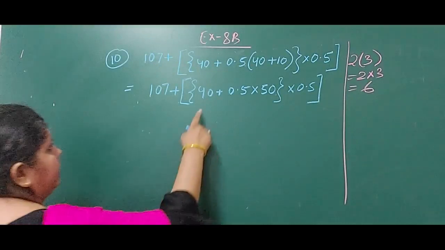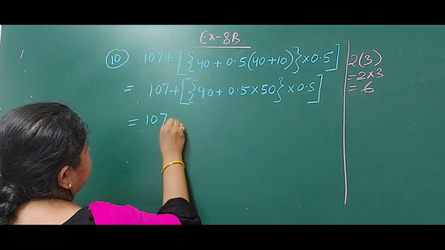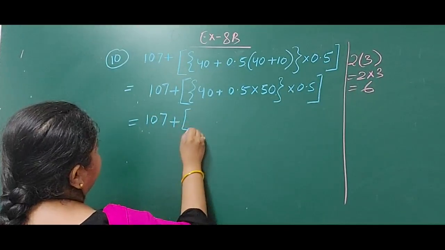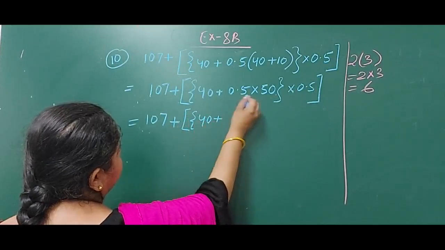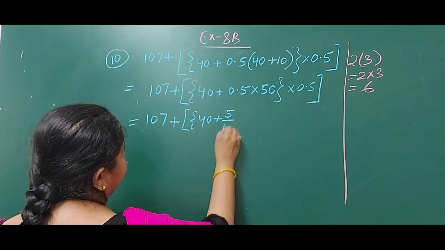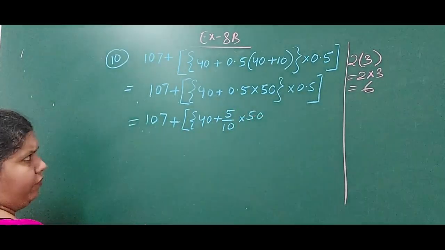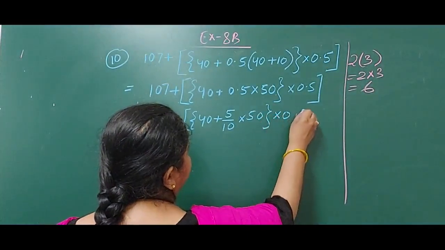Now we will solve this part. So 107 plus, on further solving, 40 plus 0.5 we can write as 5 by 10 into 50, curly bracket close, into 0.5.